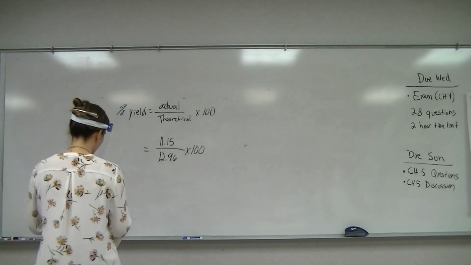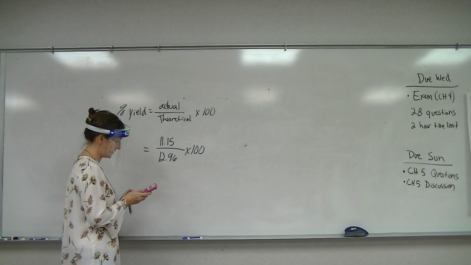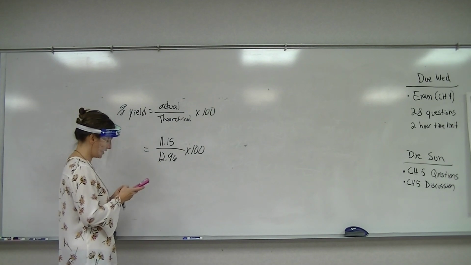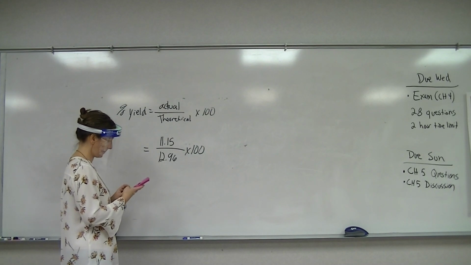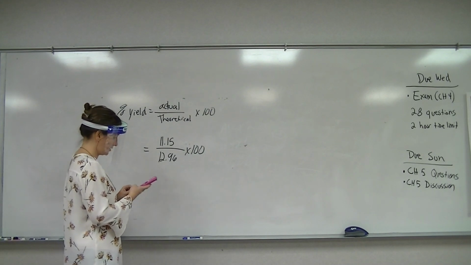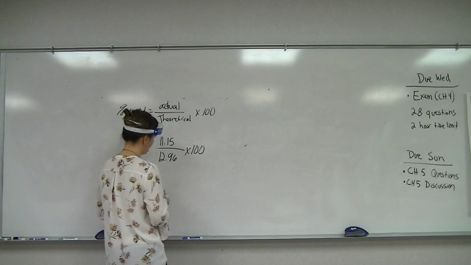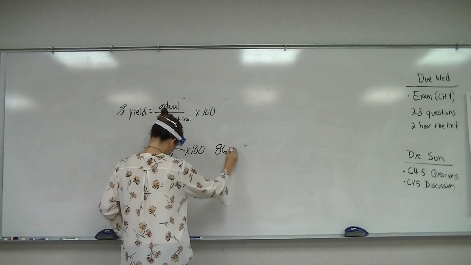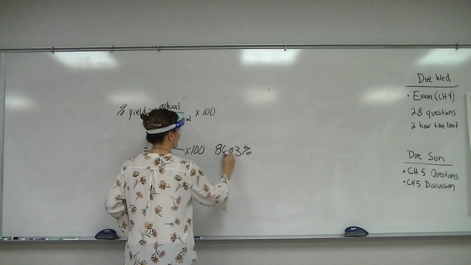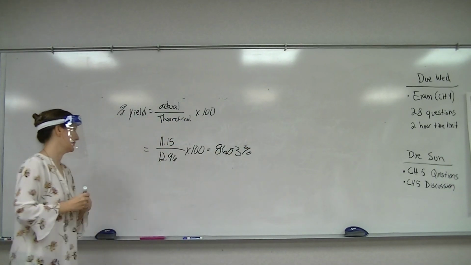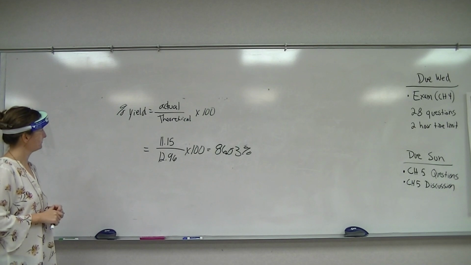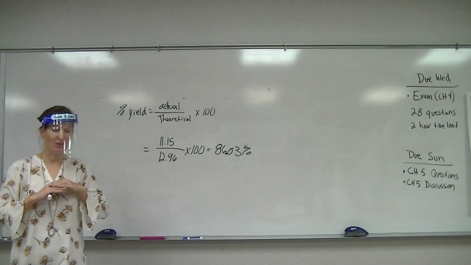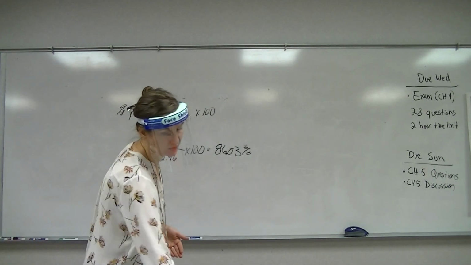Now remember, the higher the percent yield, the better, because that means you recovered almost everything you possibly could. 86.03 to be exact. Just good, the higher the better. If she got 100%, that means she recovered everything she possibly could have in the reaction.